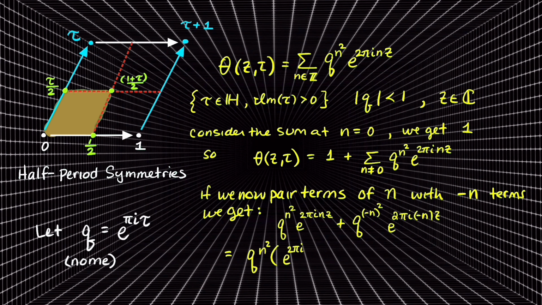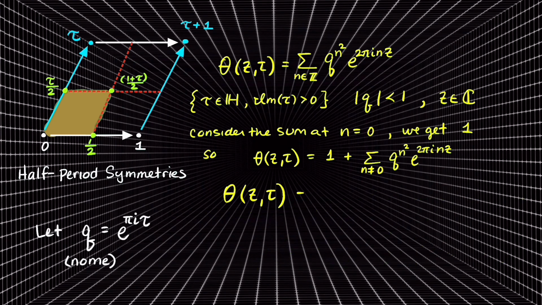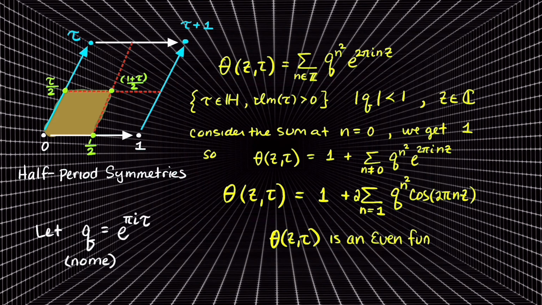If we pair terms with n with its partner negative n in the series, we can change the sum into a cosine sum, which indicates an even function. Cosine is an even function in z.